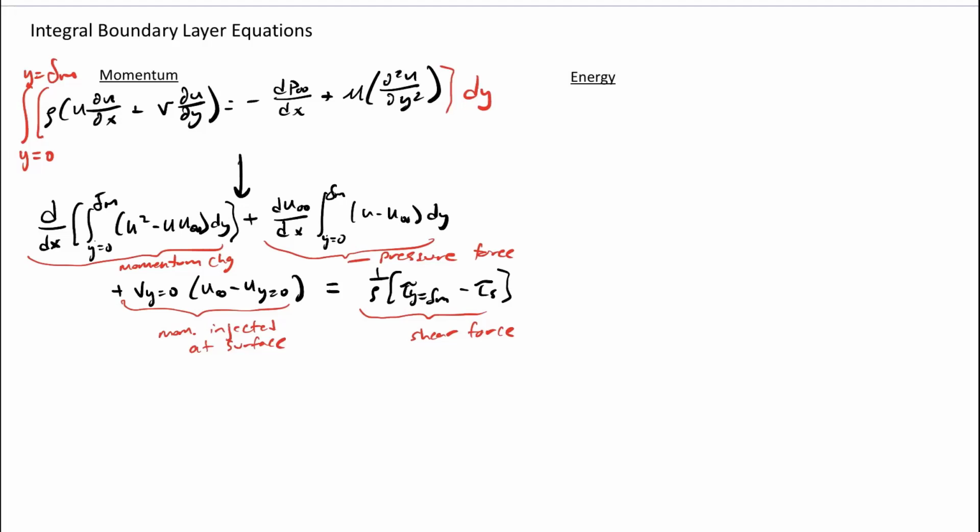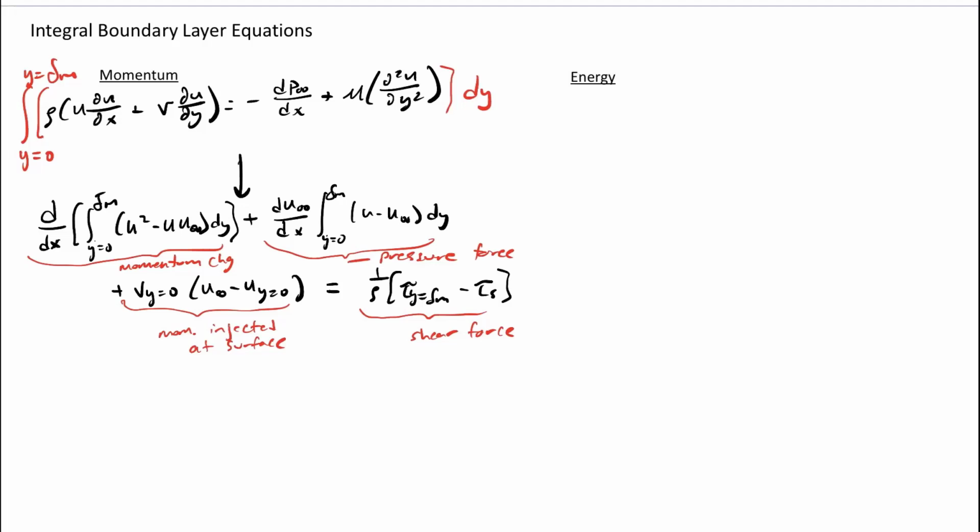I can assume it and then force fit it into this equation. So this is our general equation. Then what we need to do is go through and decide for a given example which of these terms are important, which of them are dependent on position, and then solve for the boundary layer thickness.